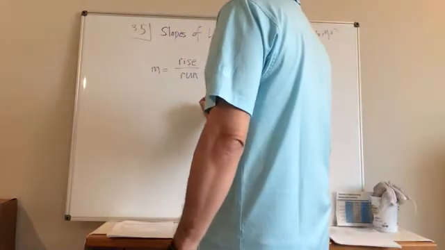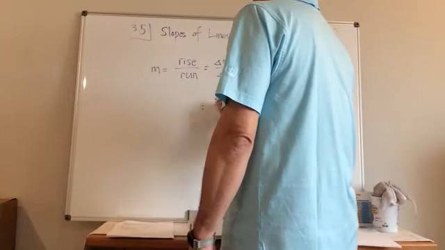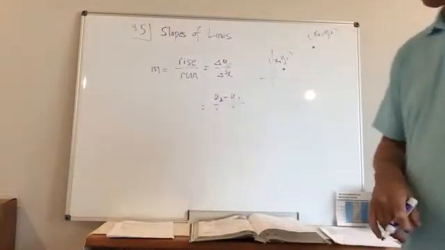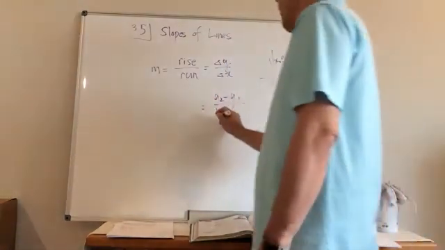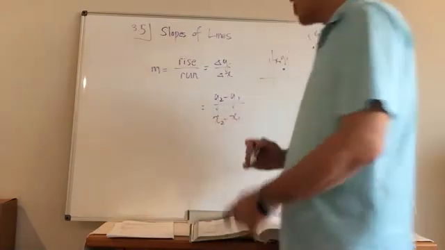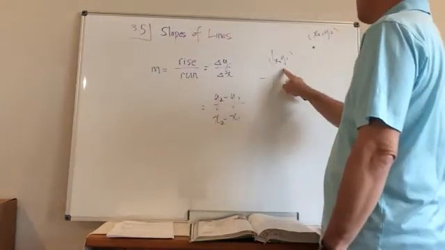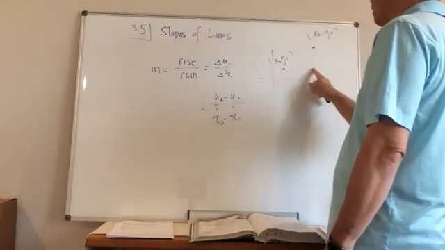The delta y is calculated as y2 minus y1. Okay, and then the run is x2 minus x1. Okay, so the run is how far it went from here to here, right?